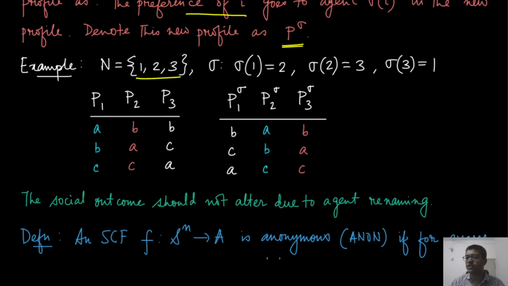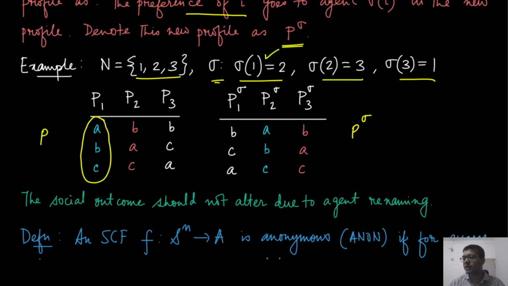Suppose we have 3 players, and sigma is the following. It maps player 1 to 2, player 2 to 3, and player 3 to 1. Now what is the meaning of P sigma? This is the original P, and this is the modified P sigma. Player 1's preference is here, and in the modified game player 1 has become player 2, so player 2 now has this preference ordering.